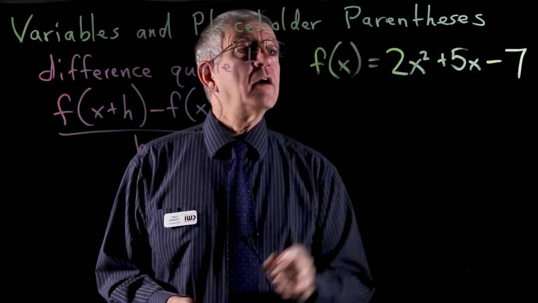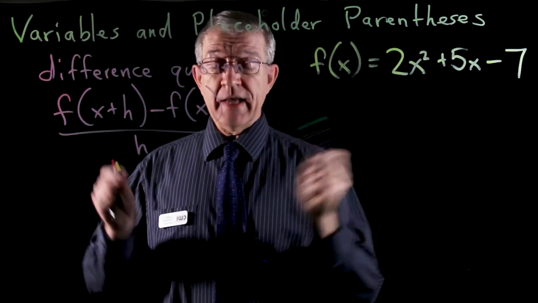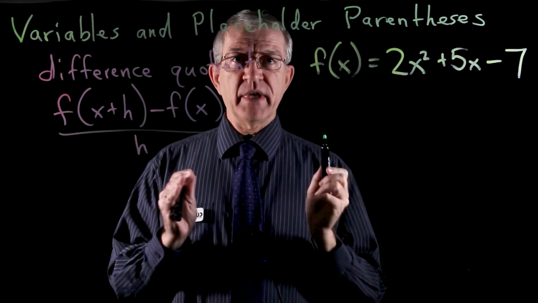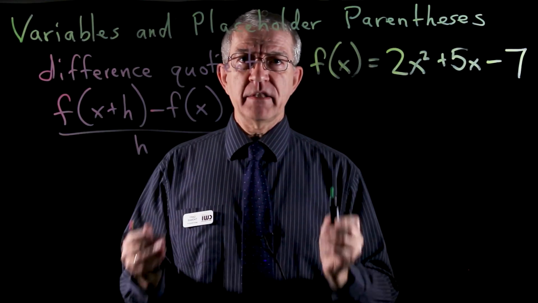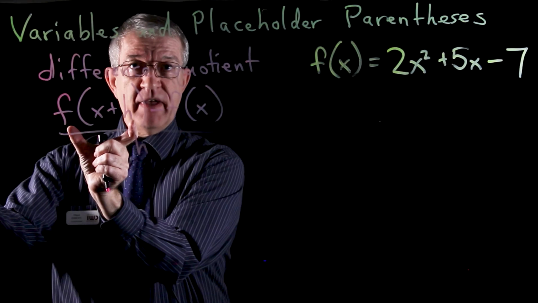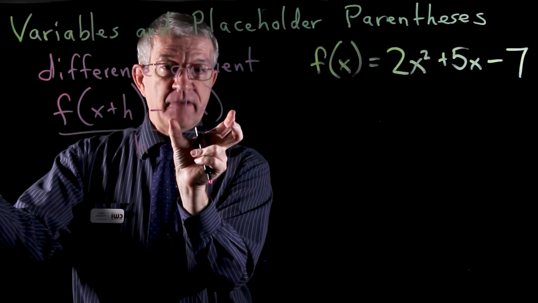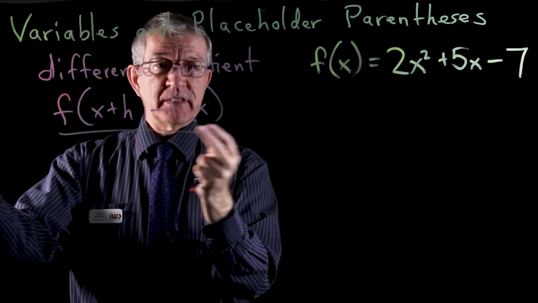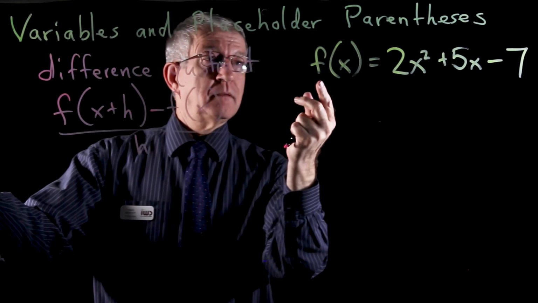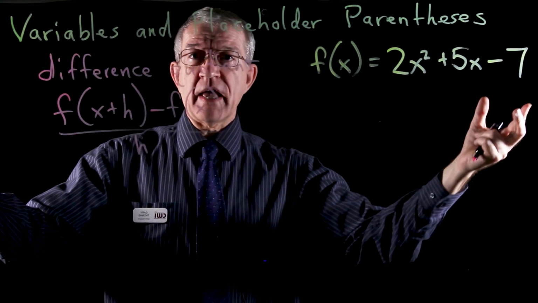So here we go. I need to write f of something. And I don't care what the something is. I'm doing just one thing at a time, and I'm letting the notation do the work. So here I go. I'm going to write the shape of f. I'm going to do a subtraction. I'm going to write f again. And this one's simple because I know what f of x is. It's this. And so all I have to do is write it.